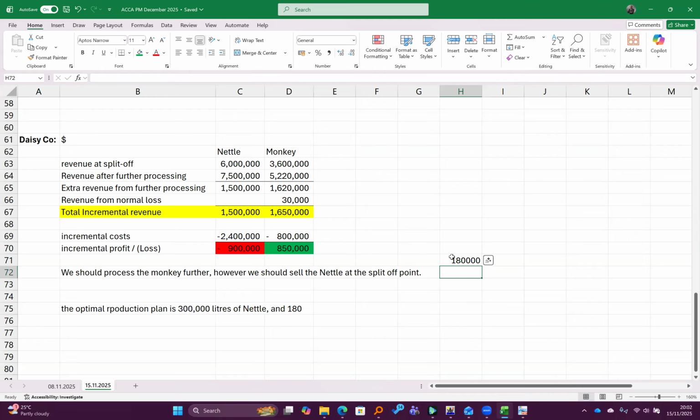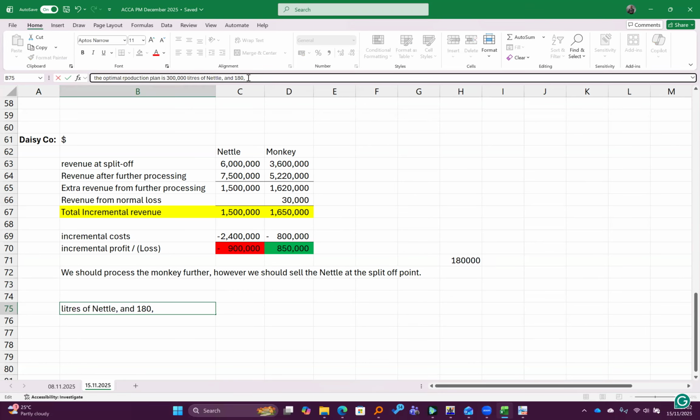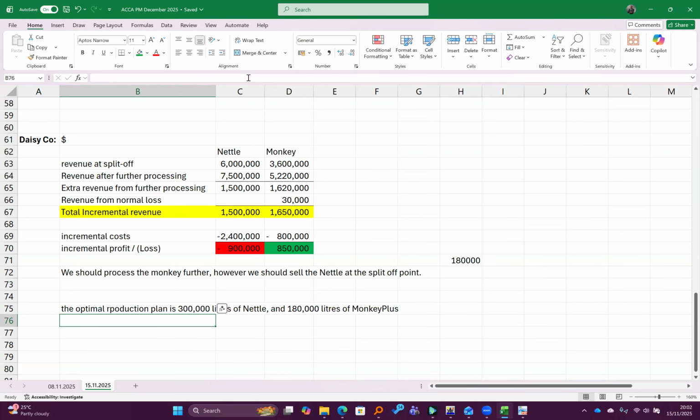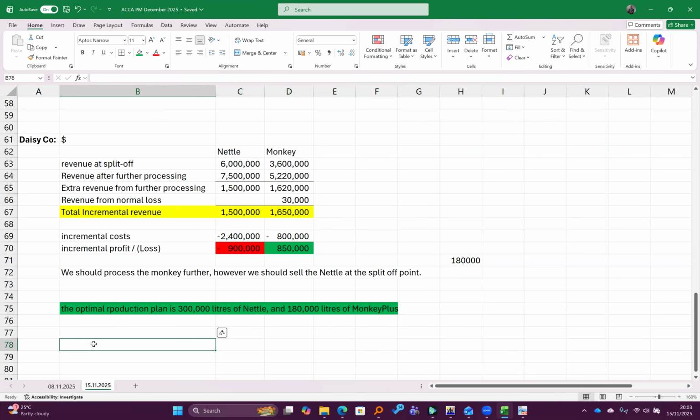So that gives us 180,000 Monkey Plus. Okay, so that means you are saying for netto, all of it that you make, sell it, don't process it further. But for the monkeys, process it and sell Monkey Plus. So that's the optimal production plan. So that is part A.